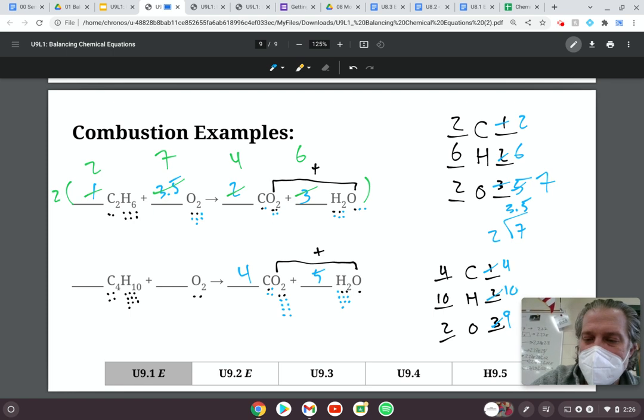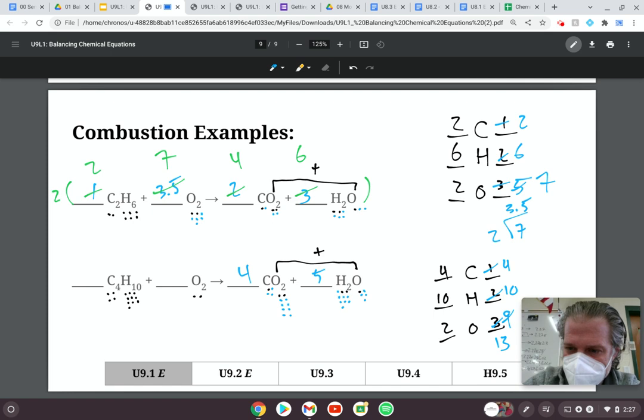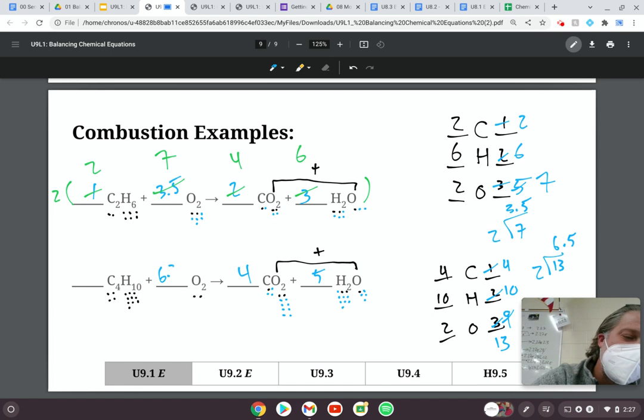So now I've got my 10 hydrogens, but I've also got 5. So 5 and 8 is 13. So now I've got 13. So I'm going to take 13 divided by 2, and I'm going to see that that's 6.5. So I'm going to drop a 6.5 here, put a 1 here.